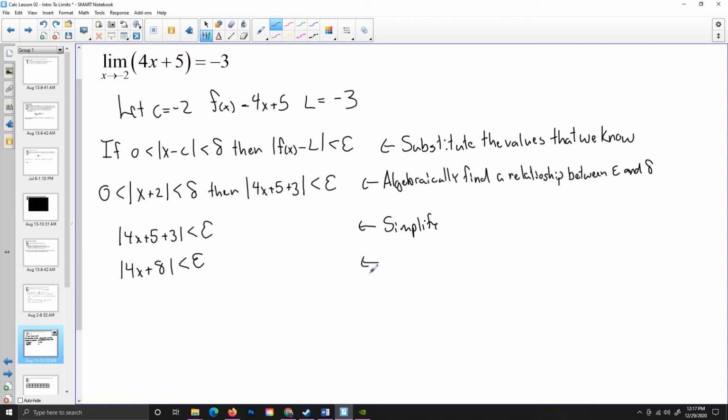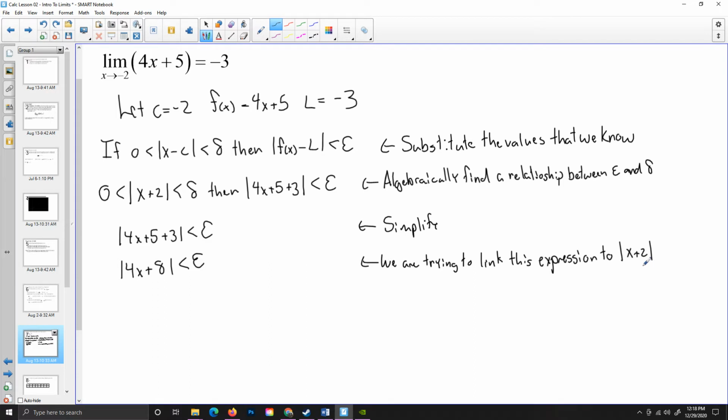So we are trying to link this expression to absolute value x plus 2.